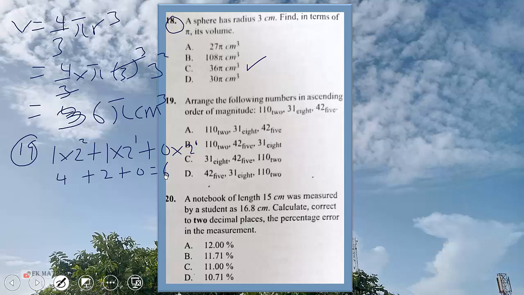Then 31 base 8 will be 3 times 8 plus 1 times 8 to the power 0. So 3 times 8 is 24 plus 1, so it's 25. Then we also have 42 base 5. 4 times 5 plus 2 times 5 to the power 0. So 4 times 5 is 20, 20 plus 2 will be 22.